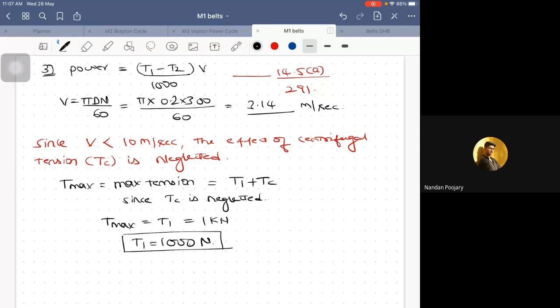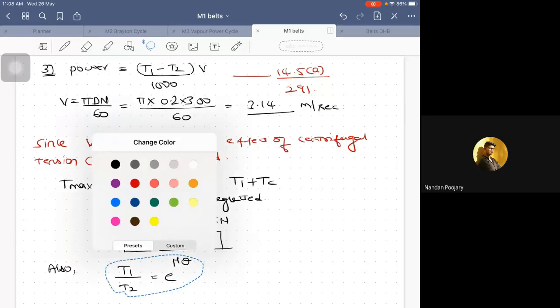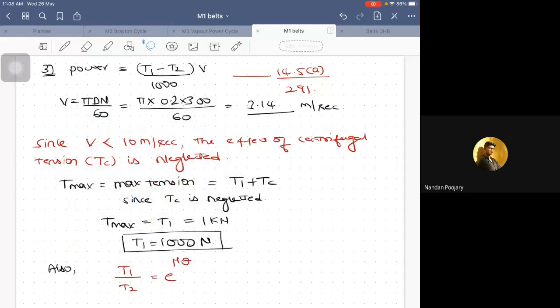Now, there is a famous equation: T1 divided by T2 is equal to e to the power of mu theta. So we have to remember this particular equation. I will change the color. Right. So you have to remember this.